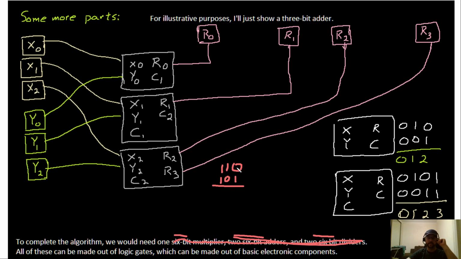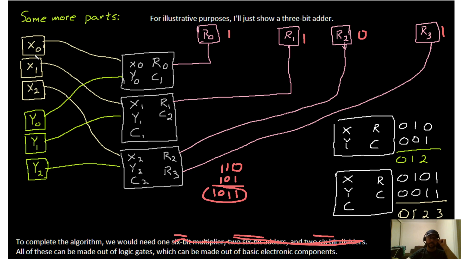Our output of this is 0 plus 1 is 1, 1 plus 0 is 1, 1 plus 1 is actually 2, which there's no 2 in binary world, so it's 0, carry the 1. So this is our solution. And to put this up here, we actually need to flip it because R0, which down here is on the right, up here is actually on the left. So our answer should be 1, 1, 0, 1.